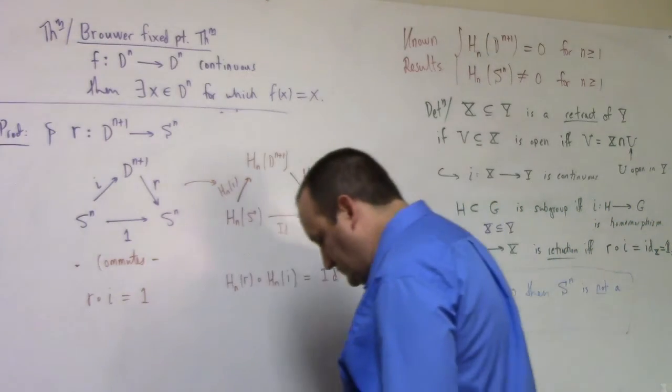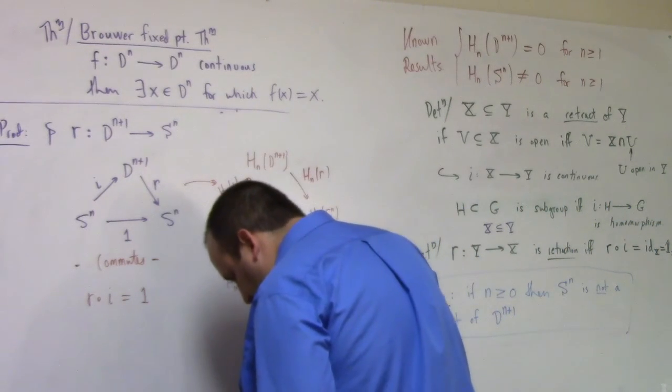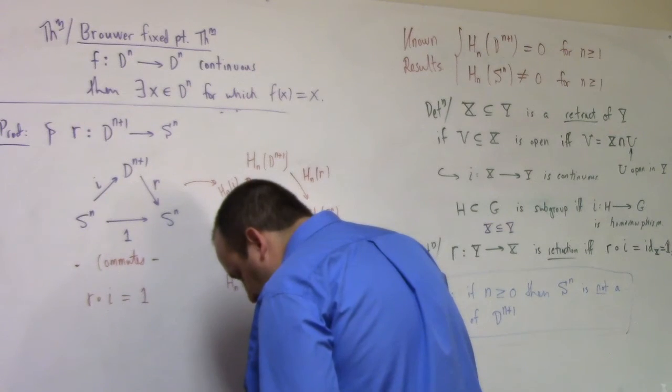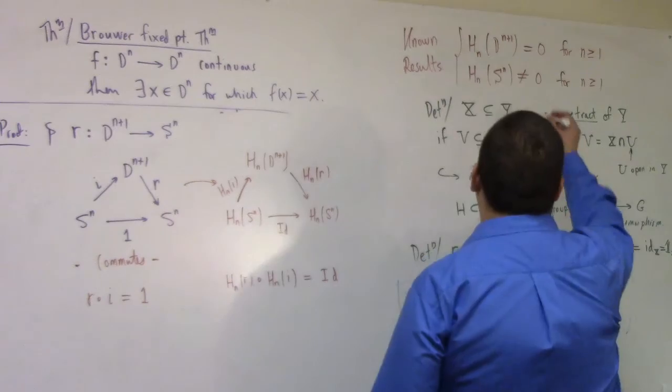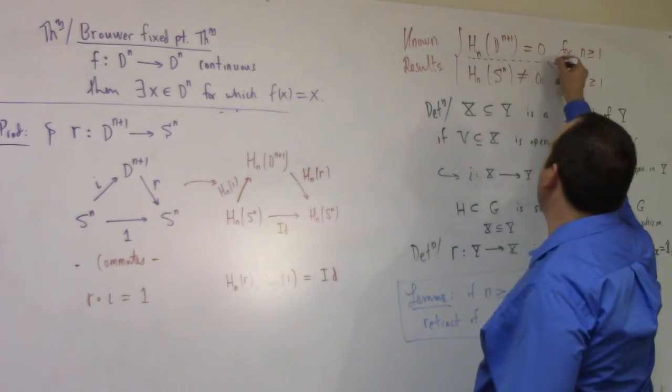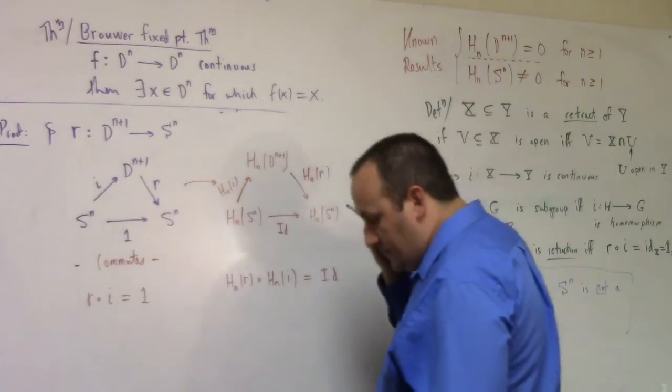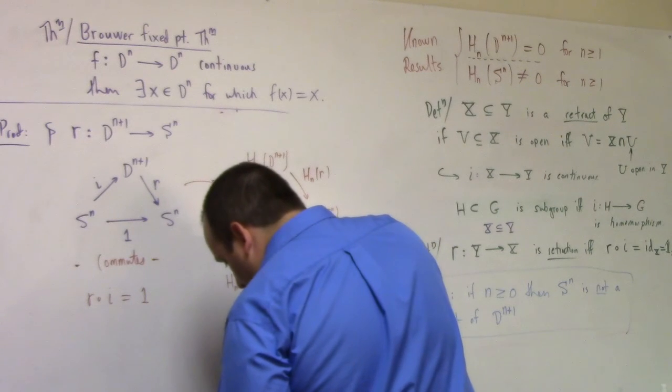All right. But since the nth homology group of Dn plus 1 is equal to 0, remember this up here? What does that tell us?